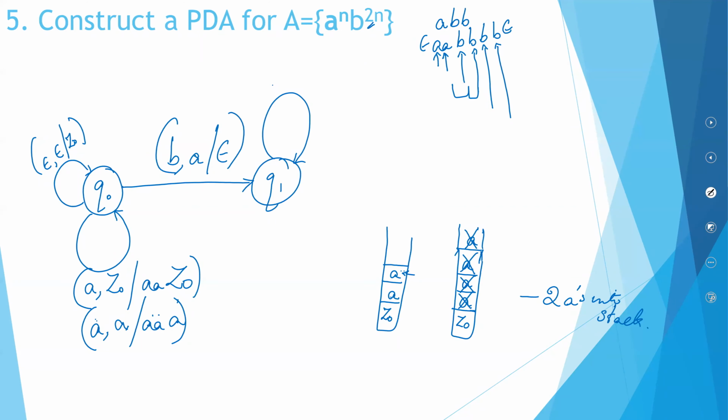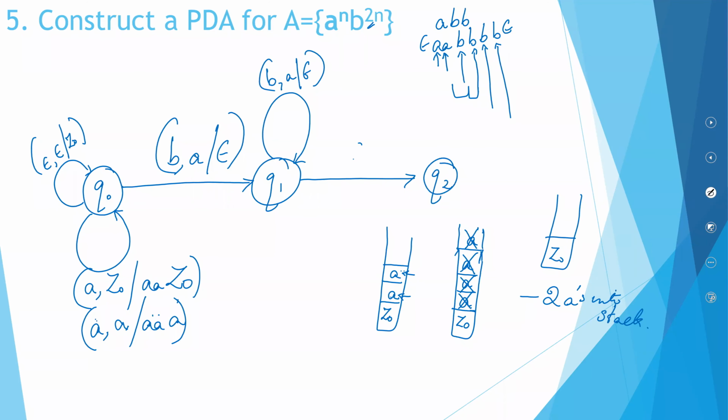So for all the B's you encounter, you will be doing the same logic. Whenever the top of the stack is A, you pop it out. You go on doing it until you reach this particular state, which means you're reaching the final stack state, which means your string can be accepted.